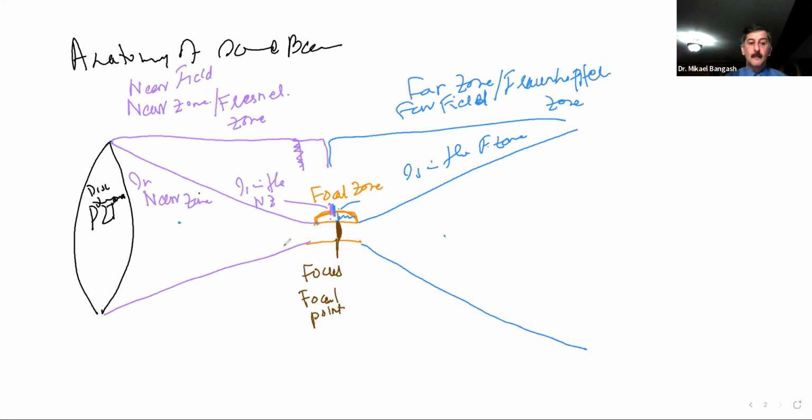Here you can see the beam has a greater diameter, here a smaller diameter, here smaller still, and so on. So it gradually narrows down, and this narrowing down is what we call convergence.